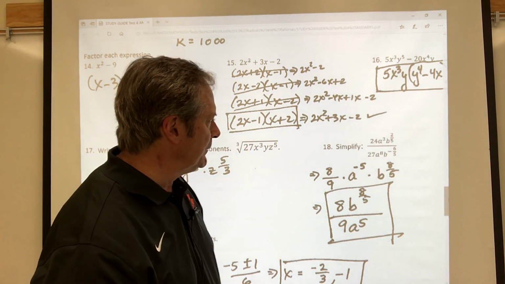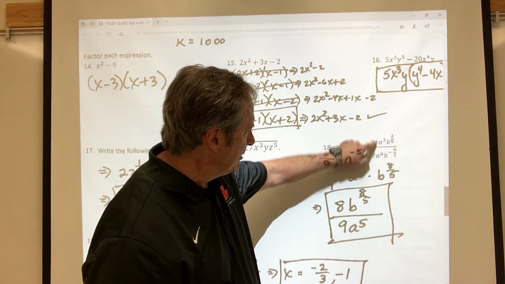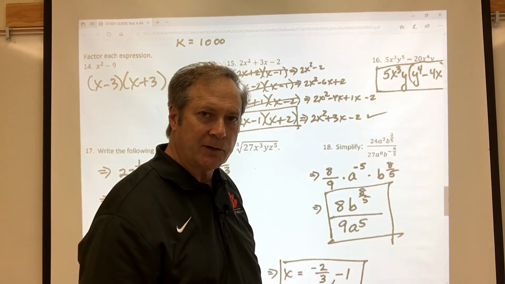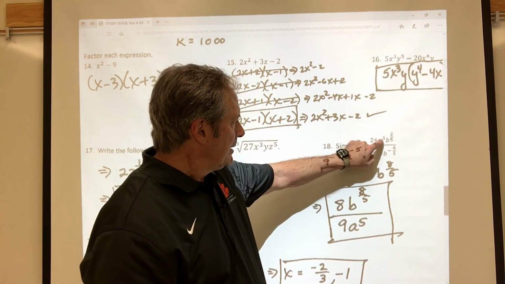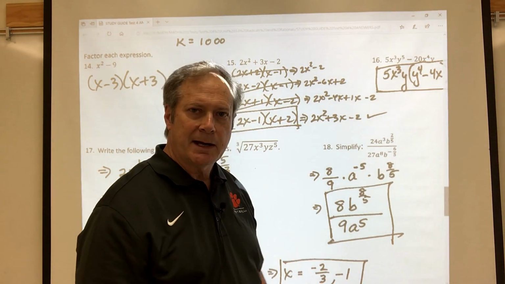All right, now 18, these are always kind of hard, but you just have to begin somewhere. You want to think of it as up and down. For instance, 24 over 27 reduces to 8 over 9. Then a to the 3 divided by a to the 8.